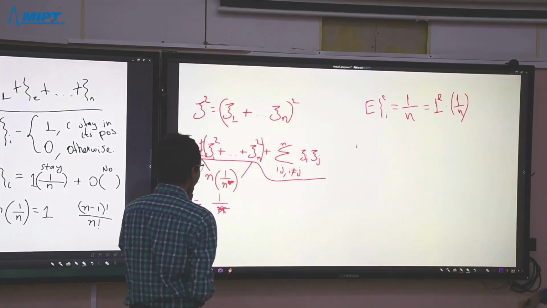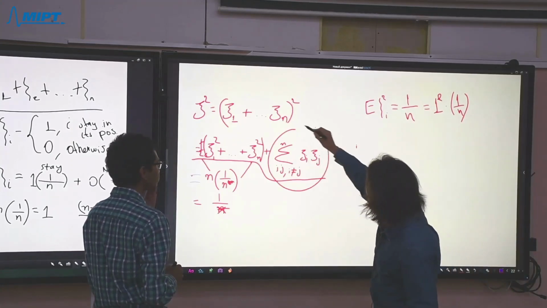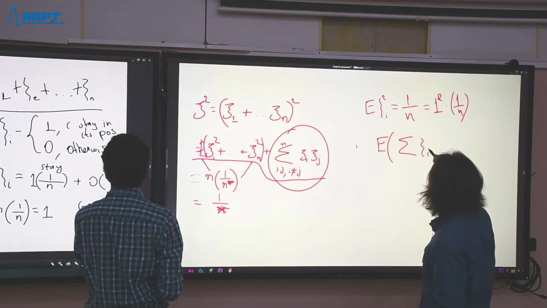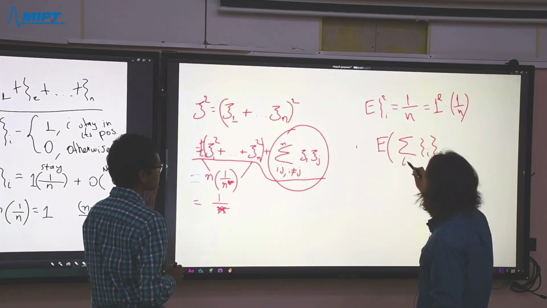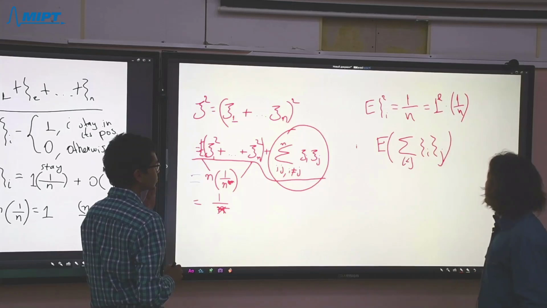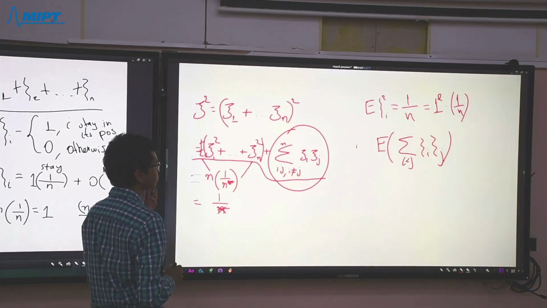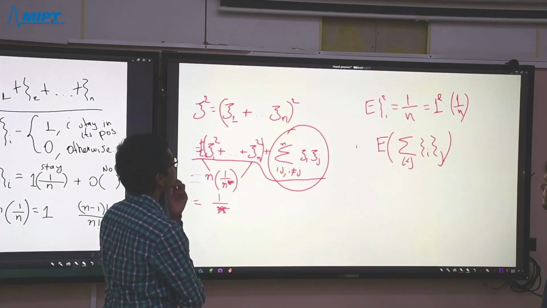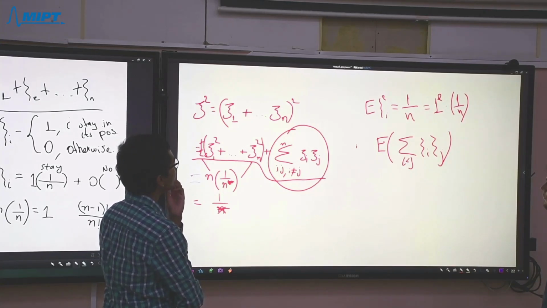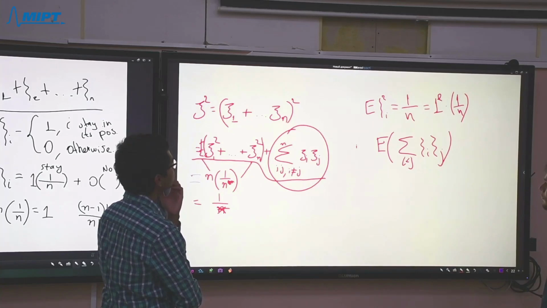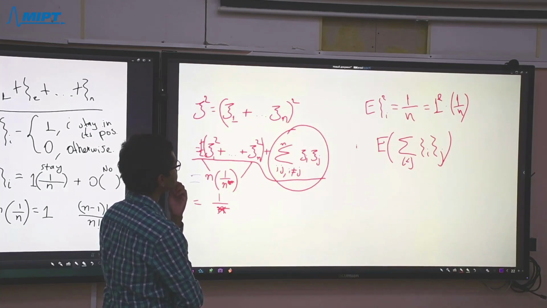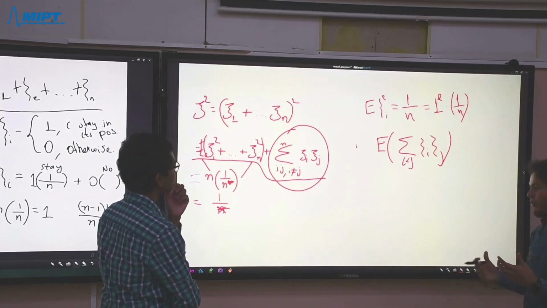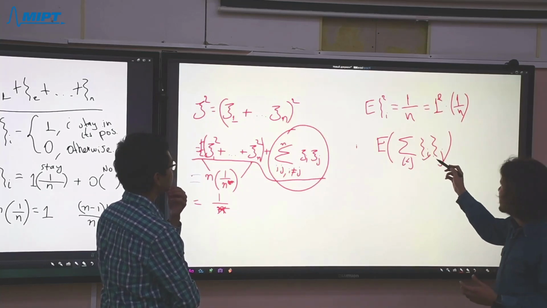Yeah, 1, and what about this part? So how do we get, let's write it over here, the expected value of the sum of the product of all these random variables, which are indicator random variables, which are different. So in which case, what are the possible values for psi i and psi j?